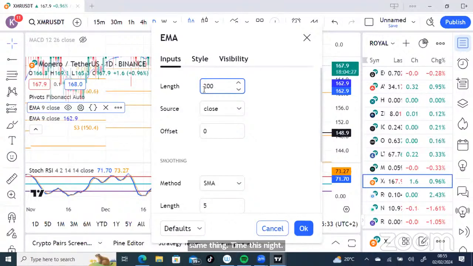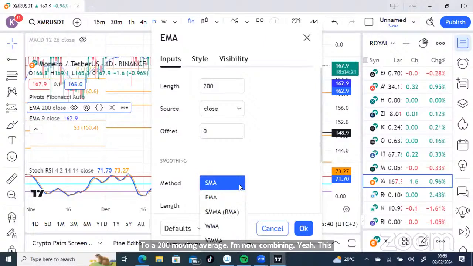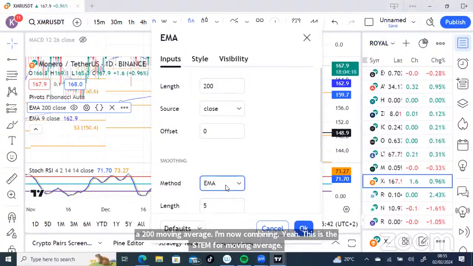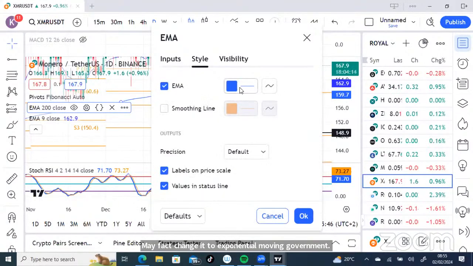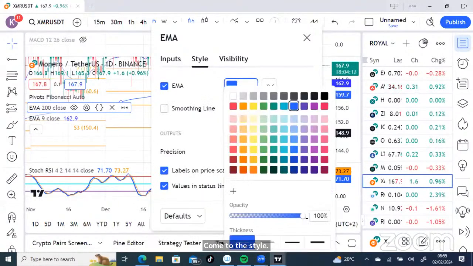I'm now combining. This is a simple moving average. Change the method to exponential moving average. Come to the style. I'll make this thick, blue in color. Come down to the thickness.